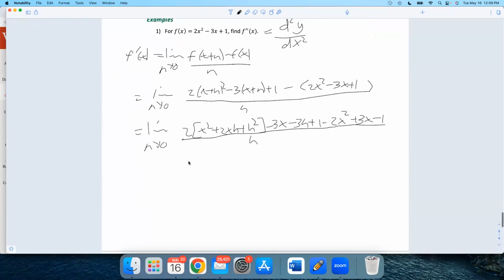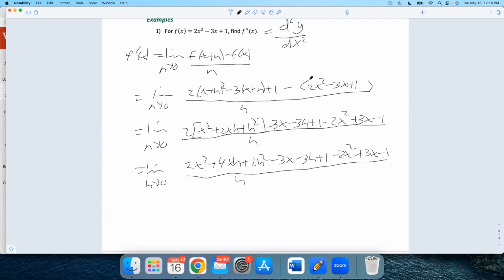Distribute the 2. Don't forget to write limit as h goes to 0 at every step. Pretty soon, we're going to learn all the shortcut rules for taking derivatives, and then we won't have to write all this out anymore. That'll be after test 1.